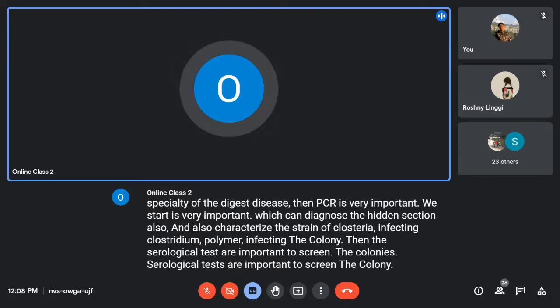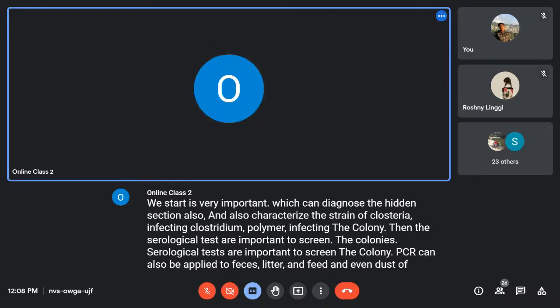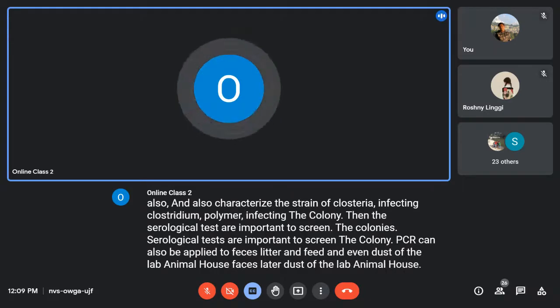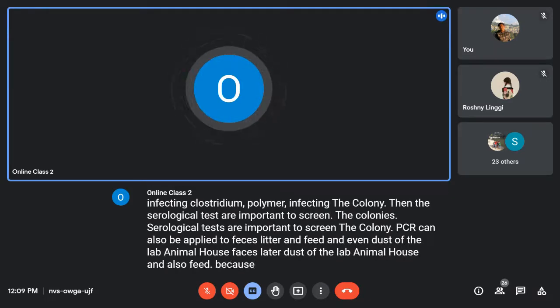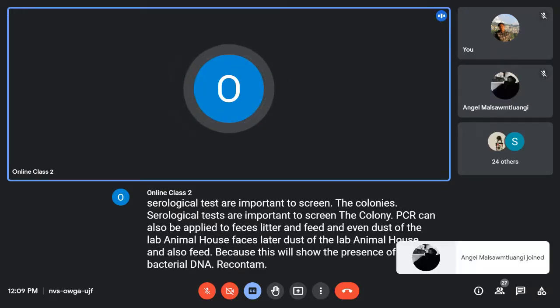PCR can also be applied to feces, litter, feed, and even dust of the lab animal house, because this will show the presence of bacterial DNA and reveal contamination of premises by Clostridium piliforme.